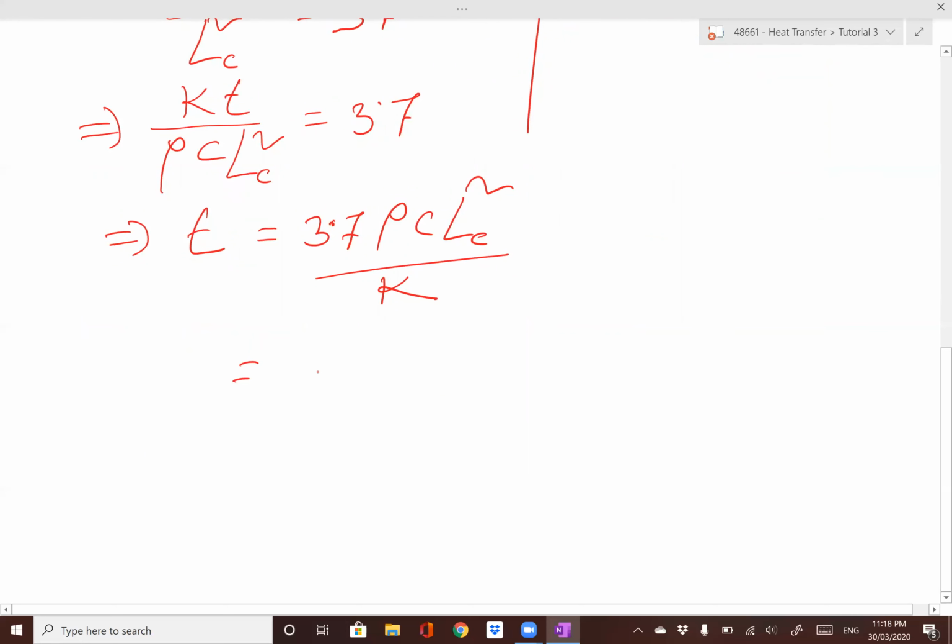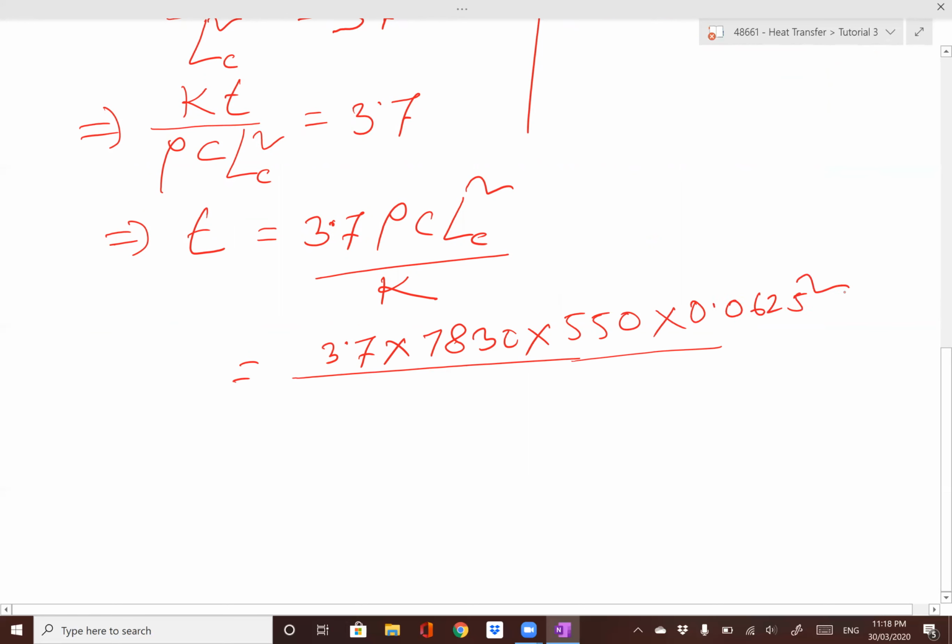Okay, now use all the given values. So 3.7, density given 7830, C given 550, the characteristic length we calculated 0.0625 squared, divided by k. k is 48, so it will be 1297 seconds.